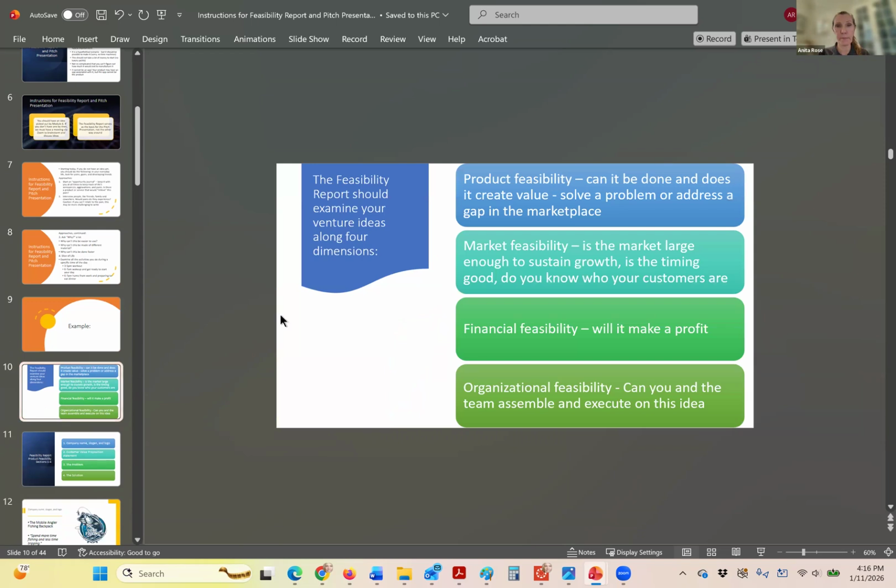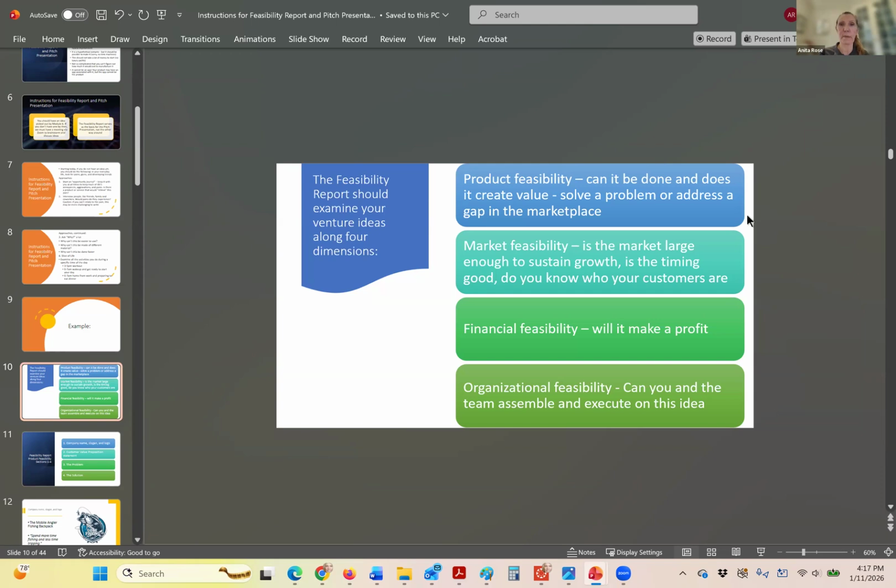So here's an example, right? We have, let's say, a product feasibility that can create some kind of value, solve a problem, address a gap in the marketplace, something like that. So that's your product feasibility. We have market feasibility, which is: is the market large enough, is it going to be profitable enough for you to sell this product or service?